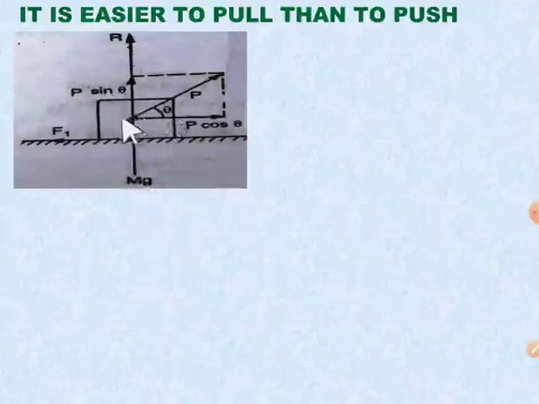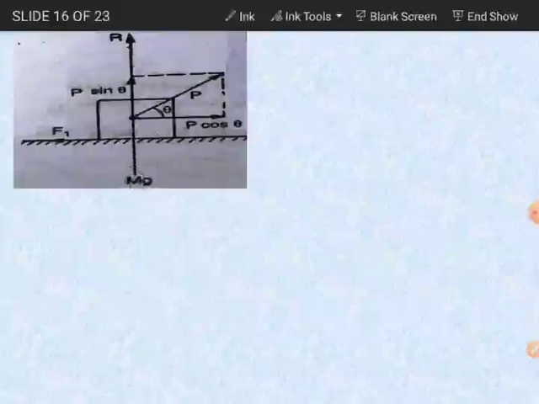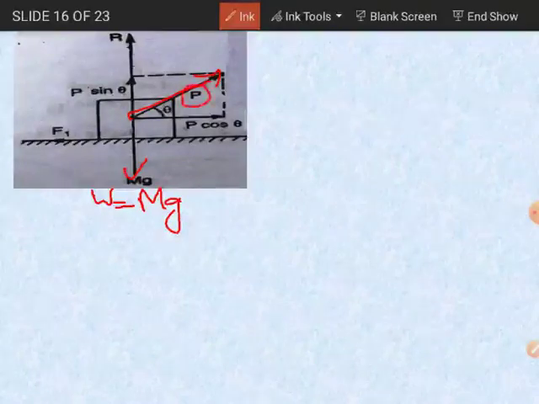Let's see. Let the mass be M, so its weight will be acting vertically downward, mg, like this. This will be your weight, which will be equal to mg, right? And this is the direction of the applied force, denoted by capital P.